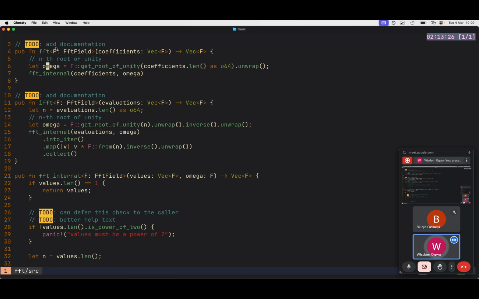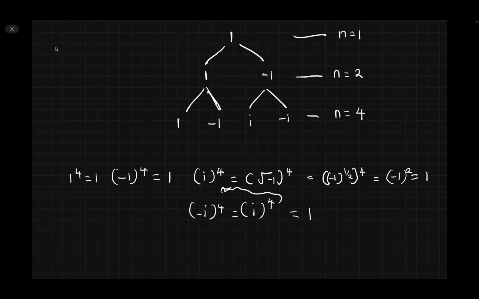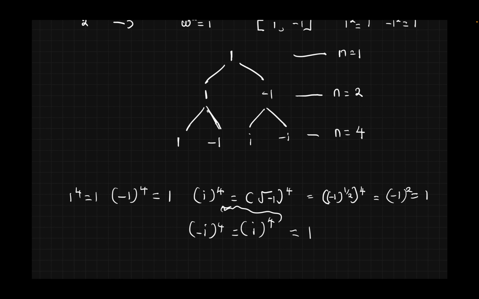You know how when n equals 2, we had 2 values, right? When n equals 4, we have 4 values. If n is equal to 8, we're going to have 8 values. But then there's one generator that can generate all of them.